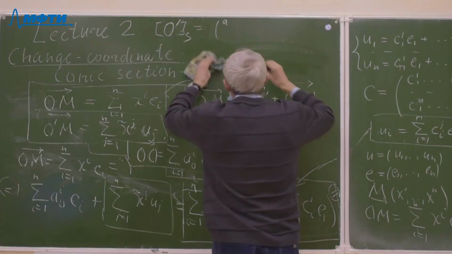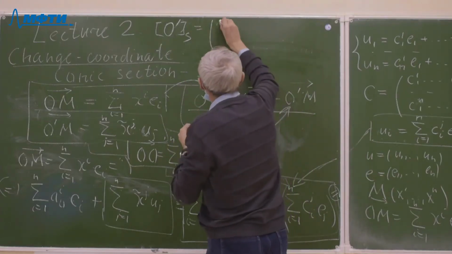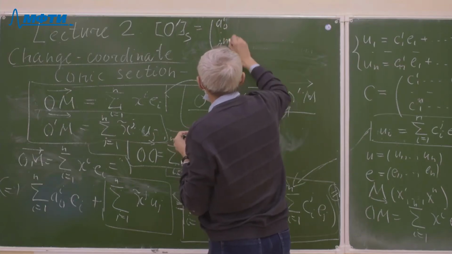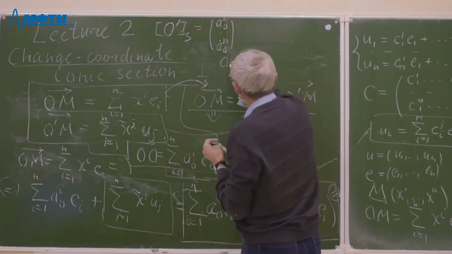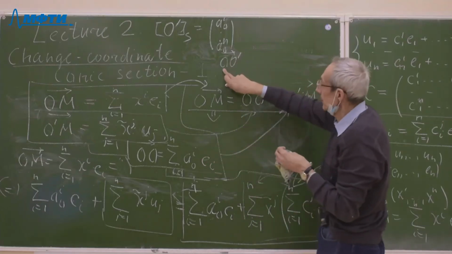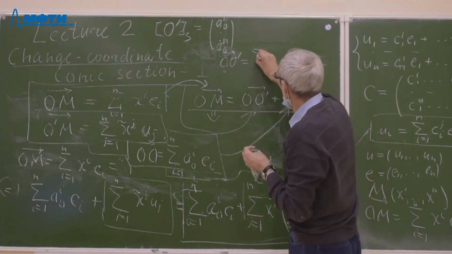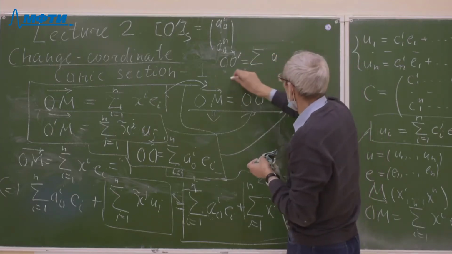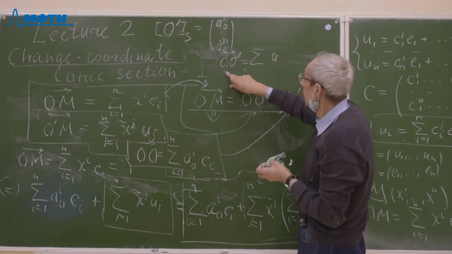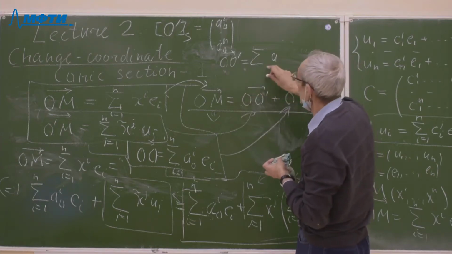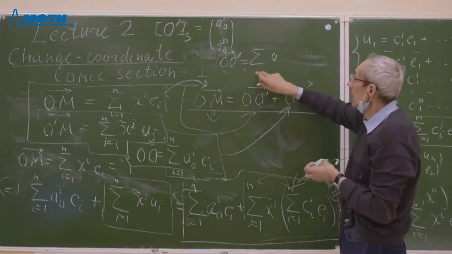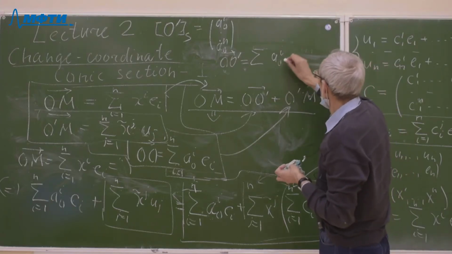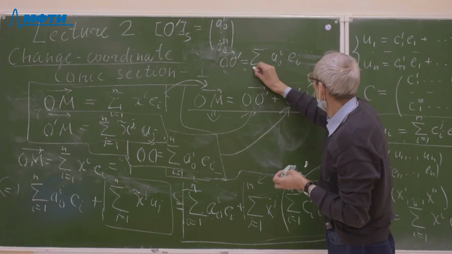These coordinates are equal A10, ..., An0. It means that the vector O prime can be decomposed as a linear combination of the vectors of the old basis with coefficients A_i0, E_i.